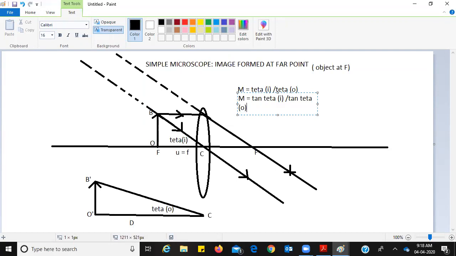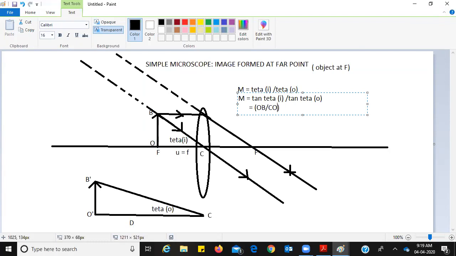B dash O dash by BO, C O dash divided by BO by CO. Tan theta I is B dash O dash by C O dash, and tan theta O is BO by CO. So B dash O dash by C O dash, divided by BO by CO.